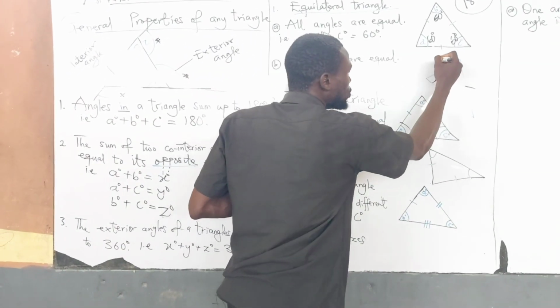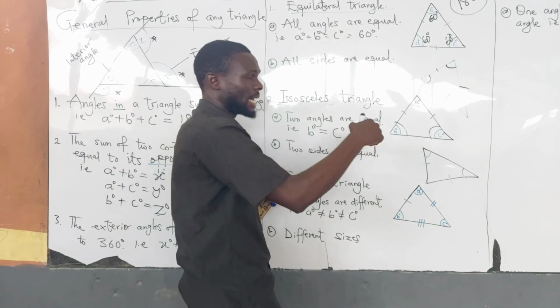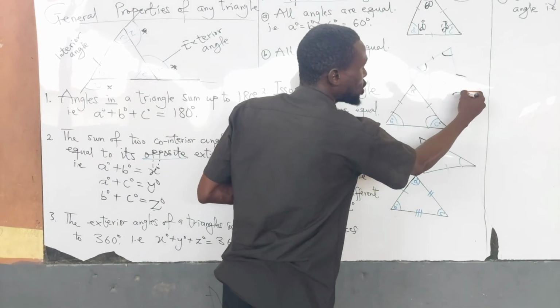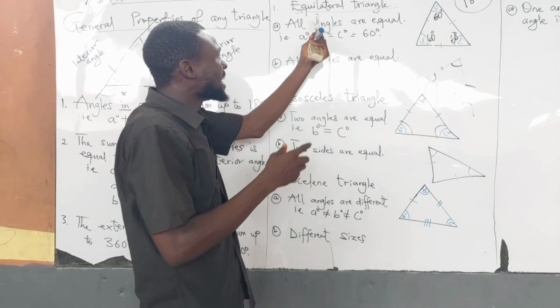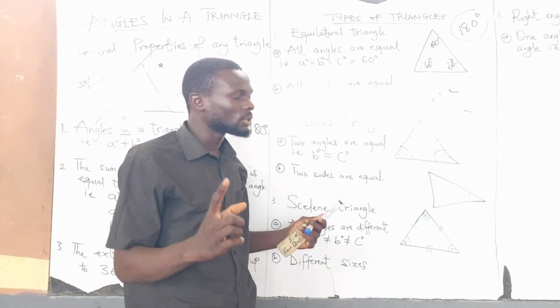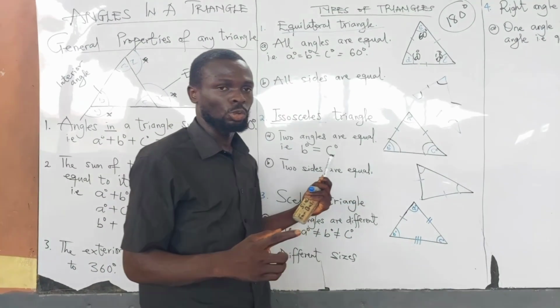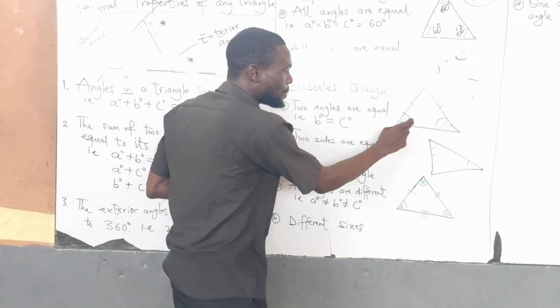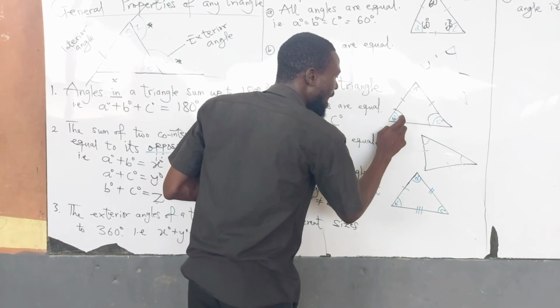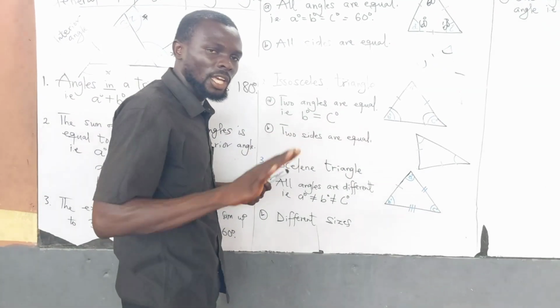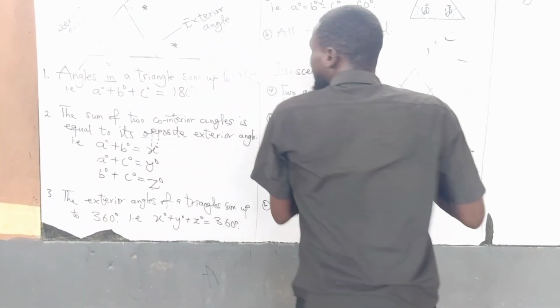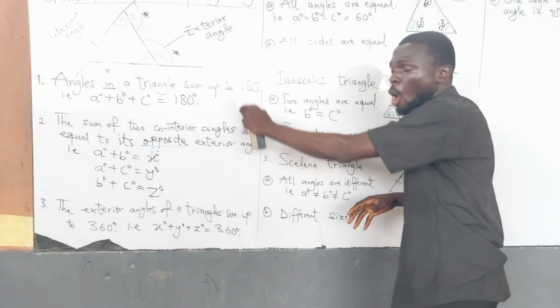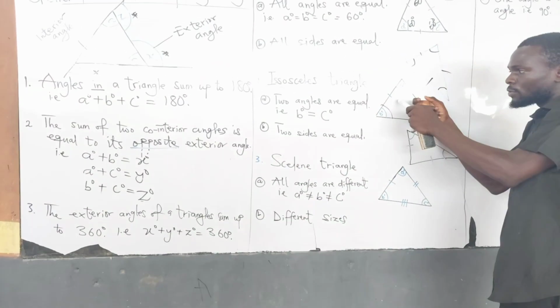But once you see another bar on the third line, then this triangle happens to be what? An equilateral triangle, which makes all the sides equal. So with the isosceles triangle, the base angles are equal. And also, the properties that we studied here, all the properties go for this.